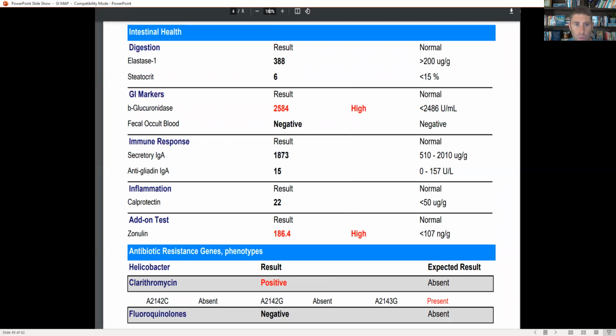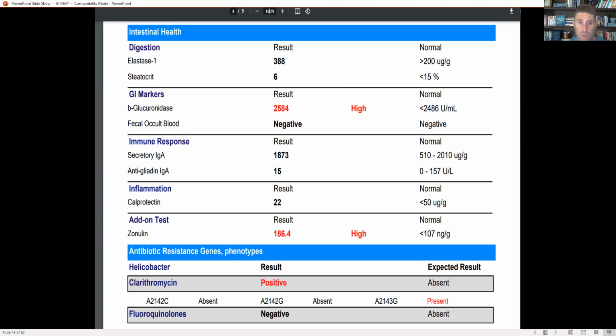They glucuronidate or conjugate different toxins, but then as they're trying to get the toxins out, they have dysbiotic bacteria that are producing this enzyme beta glucuronidase. So it takes a toxin that should be getting out of the body and reactivates it, which can cause more problems in the system. So we'll talk about things to do to reduce that.